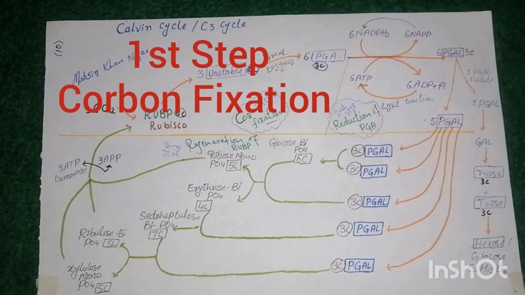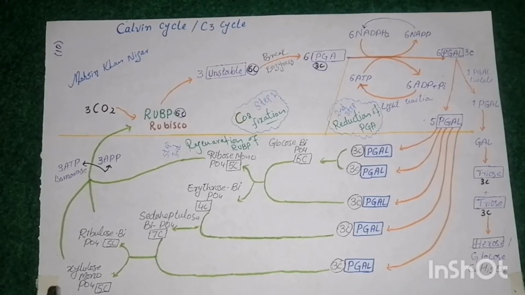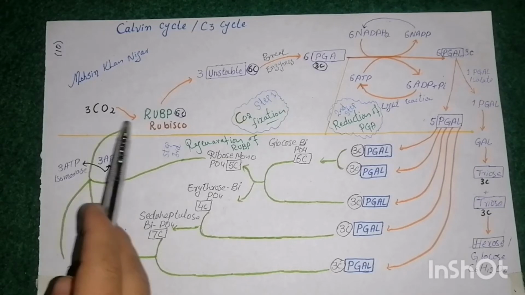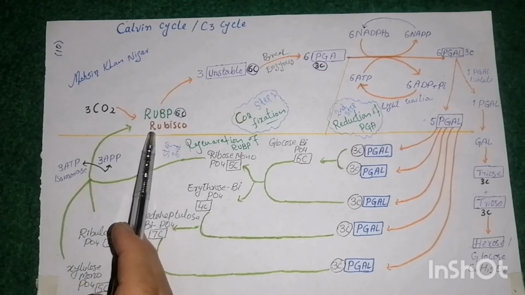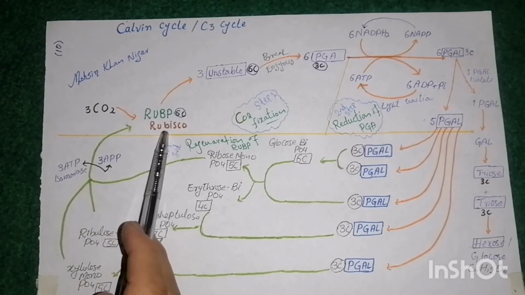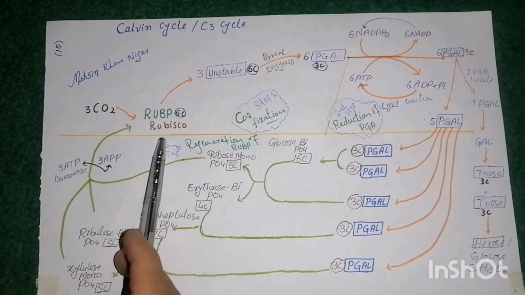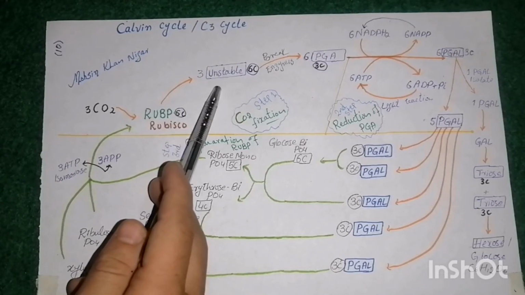Now let's talk about the overall mechanism of the Calvin cycle. This process is completed in 3 steps. The first step is carbon fixation. In the first step, 3 carbon dioxide molecules are added to the highly reactive 5 carbon compound called ribulose biphosphate in the presence of the Rubisco enzyme. It forms 3 molecules of a 6 carbon compound which is unstable.